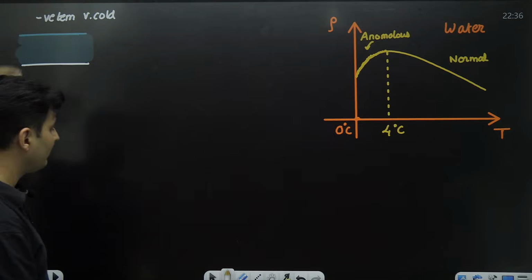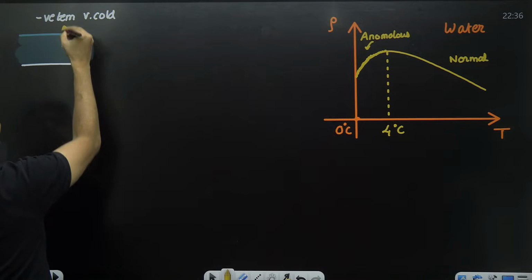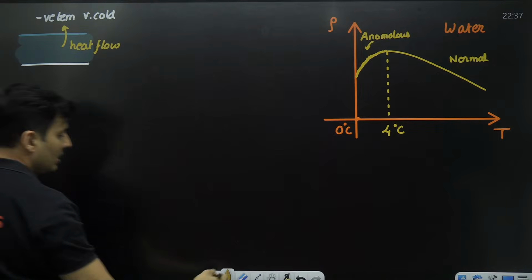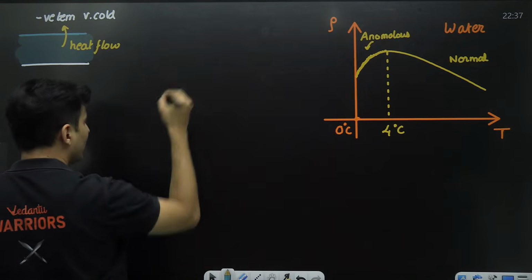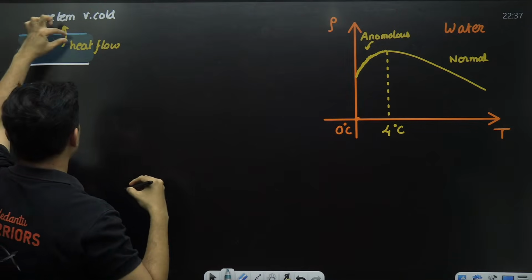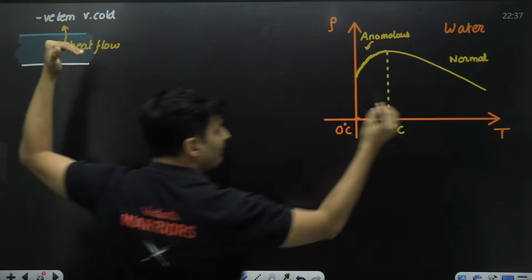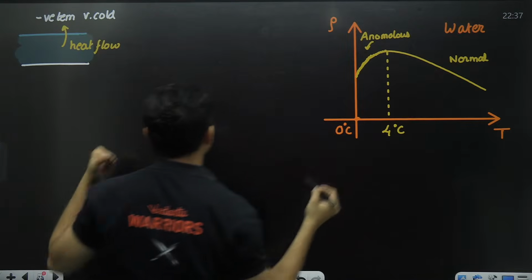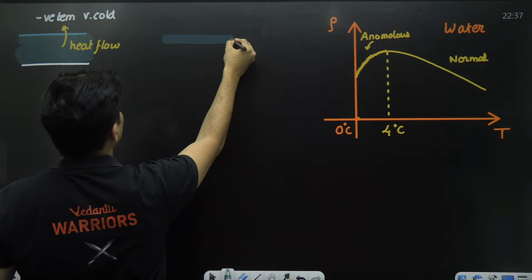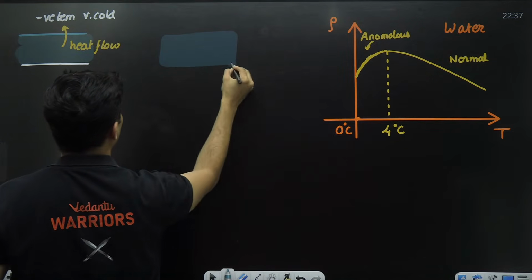Obviously, the topmost surface, because the heat will flow out of this. So the surface which is exposed will cool, and once it cools, the density increases. So you will see it will be more dense as compared to the water below.